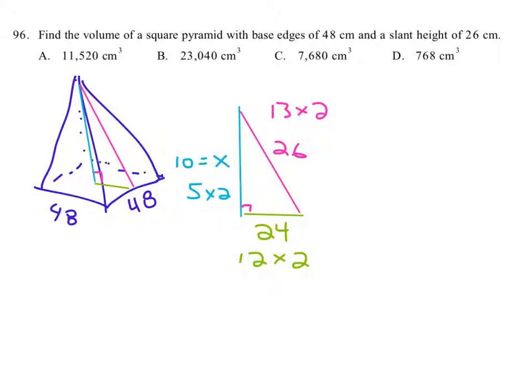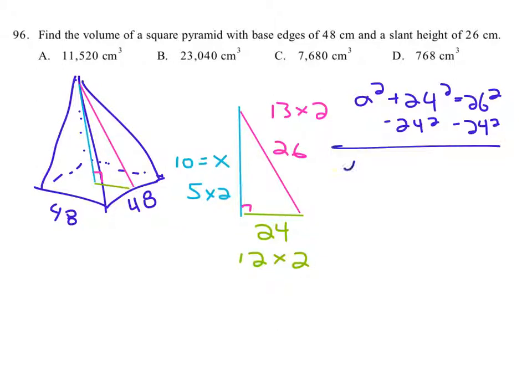If you weren't sure about this, just write it out and say, okay, we can say a squared plus 24 squared equals 26 squared. And you could subtract 24 squared from both sides. And then you would get a squared equals 26 squared minus 24 squared.